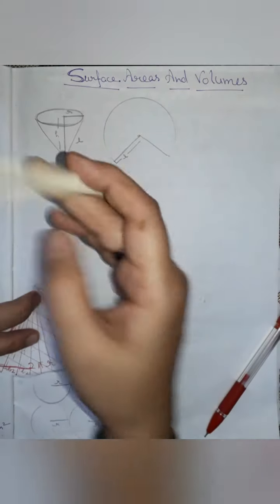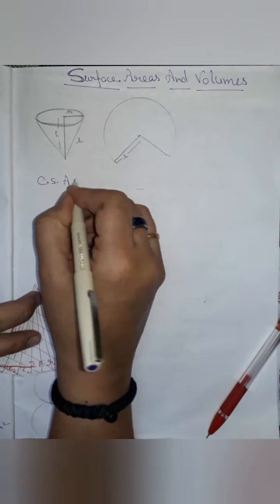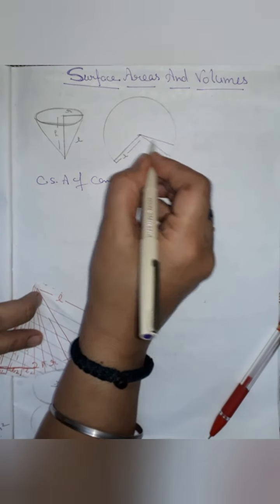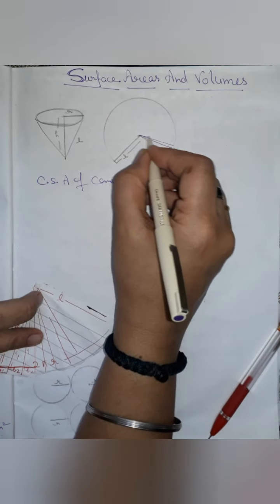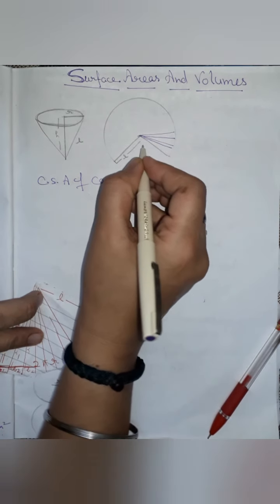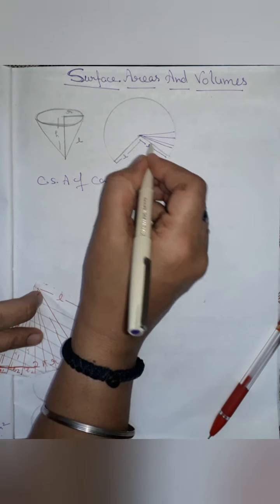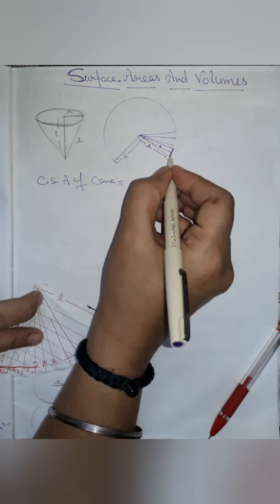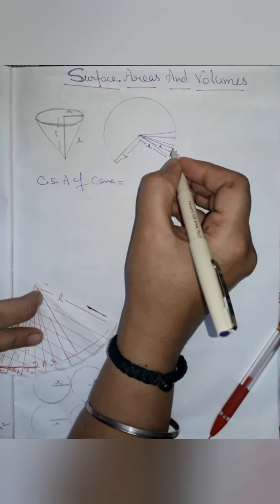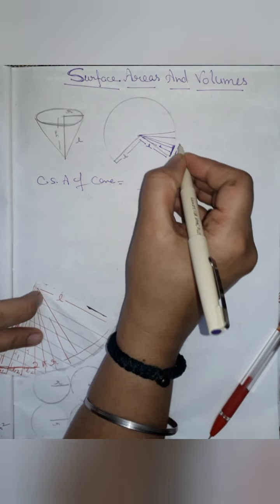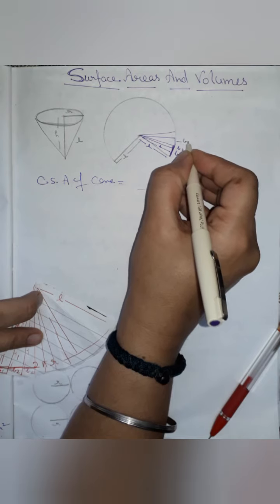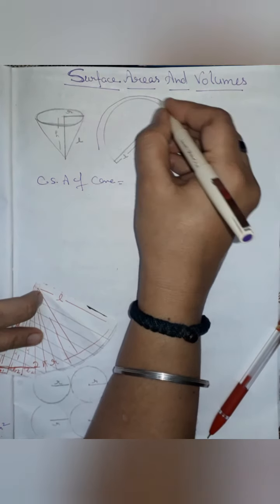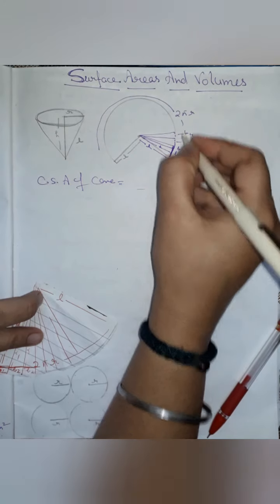So the curved surface area of the cone will be equal to, as we are dividing this into very small triangles which are very near to each other, this one is L, all these are L, and we take this as the base of each triangle. Suppose this is B1, this is B2, this is B3, B4, and so on, and this complete is 2 pi r.